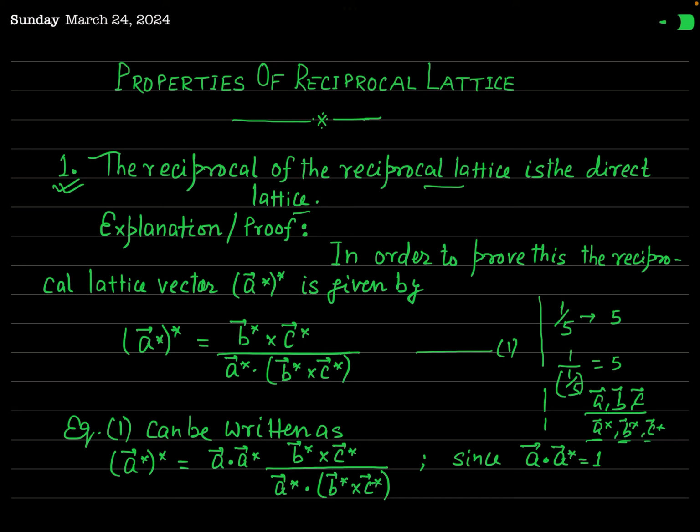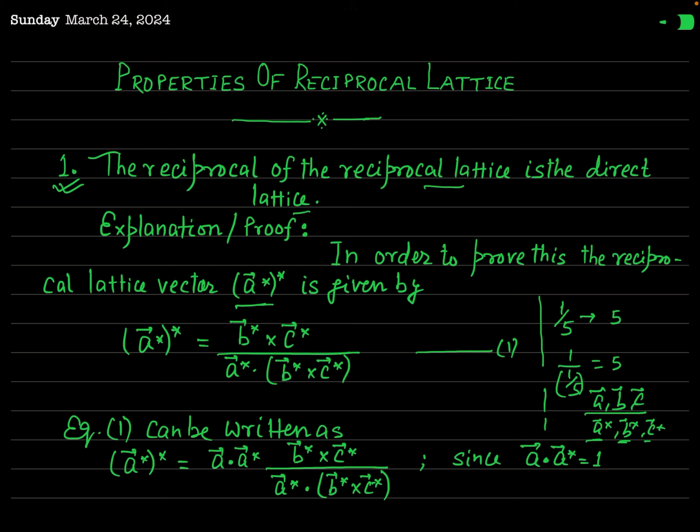In order to prove this property, we have to find the lattice vector A star star. It means we are going to define the reciprocal lattice vector of a reciprocal lattice vector.